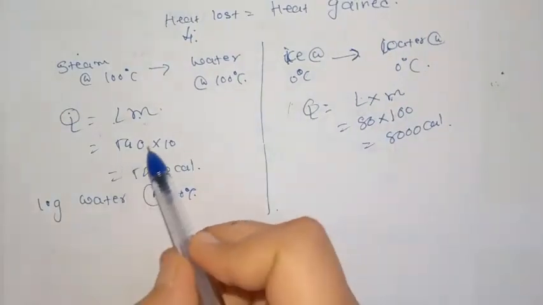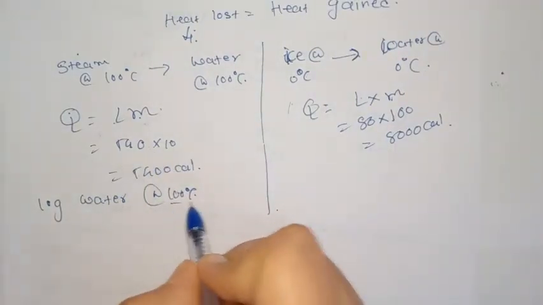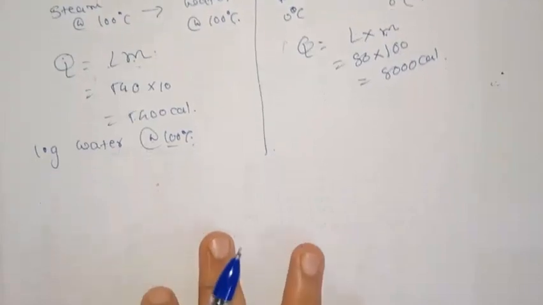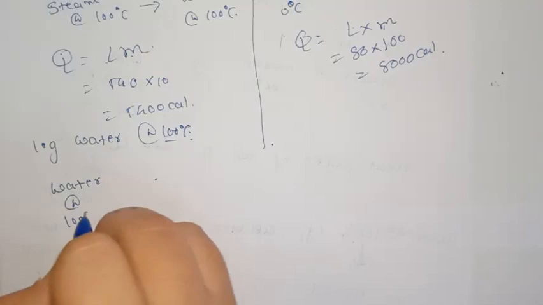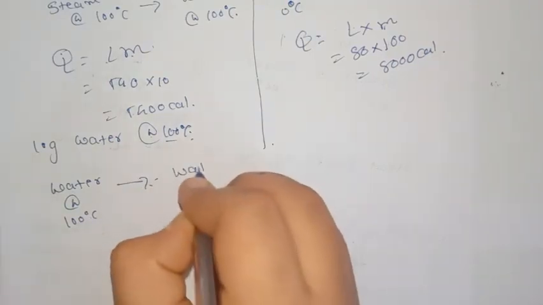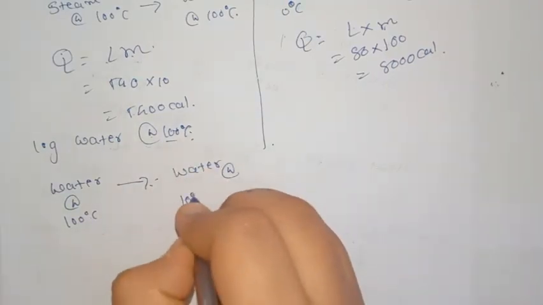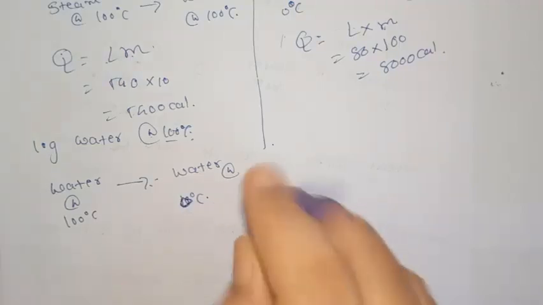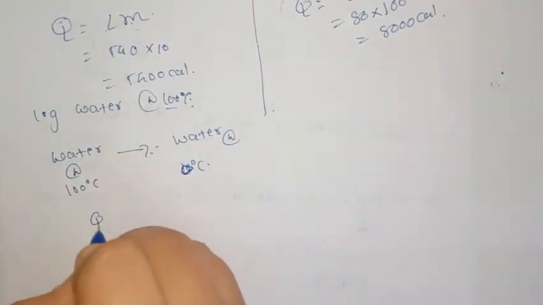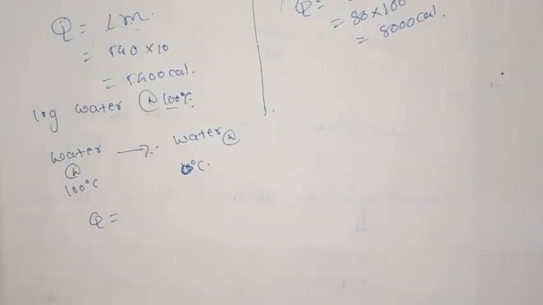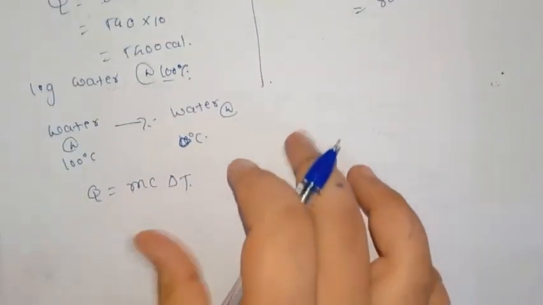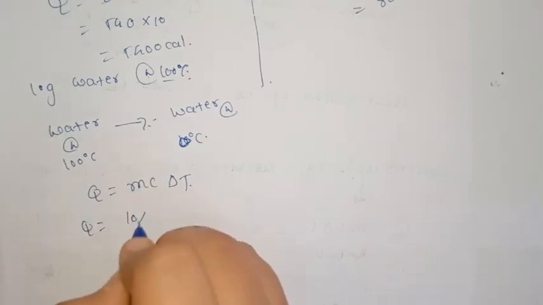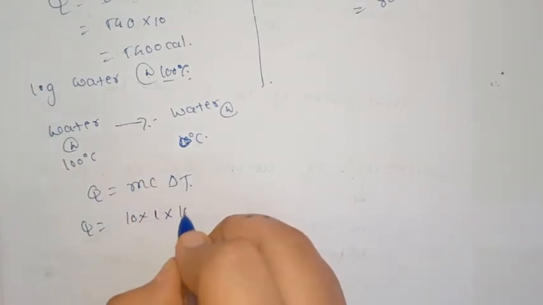Now if this water is converted from 100 degrees Celsius to water at 0 degrees Celsius, it will release heat equal to mc delta T. The mass is 10, C is 1 and delta T is 100.